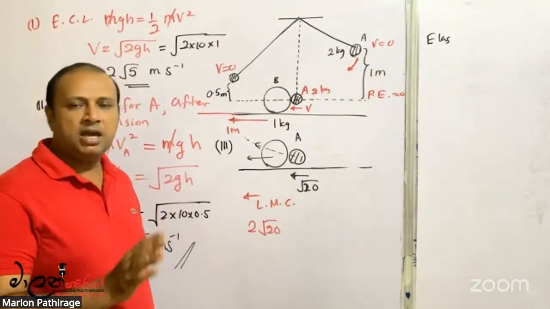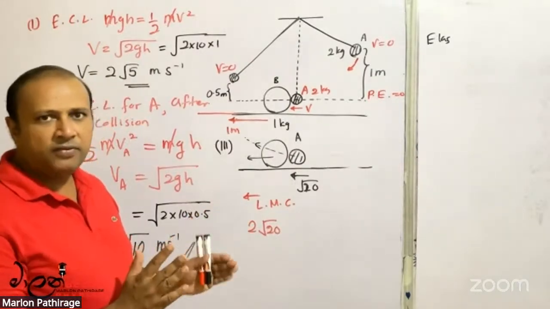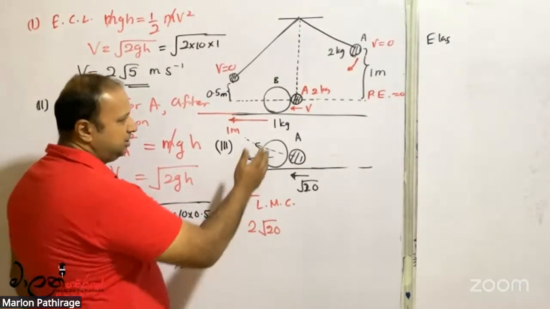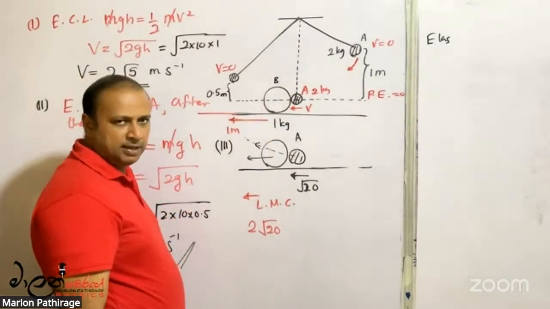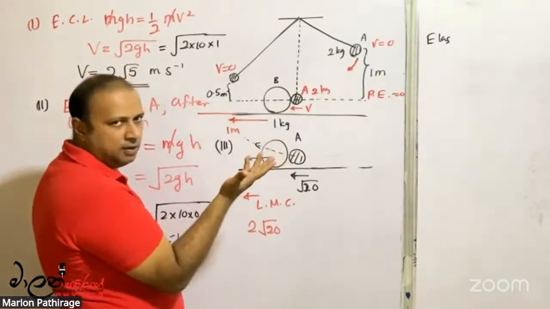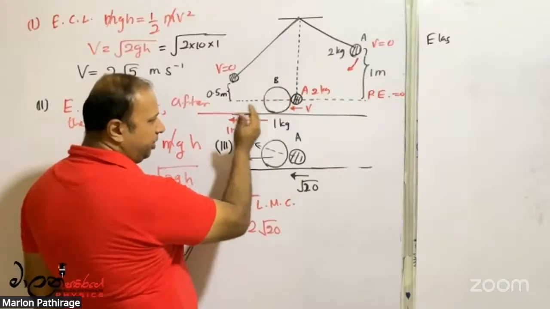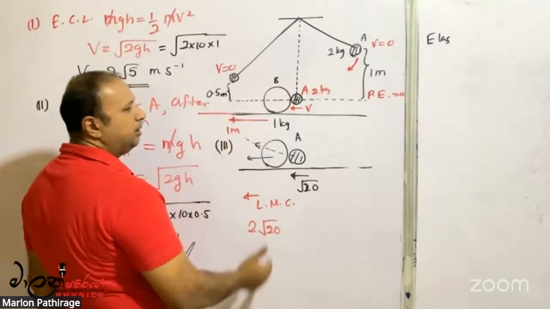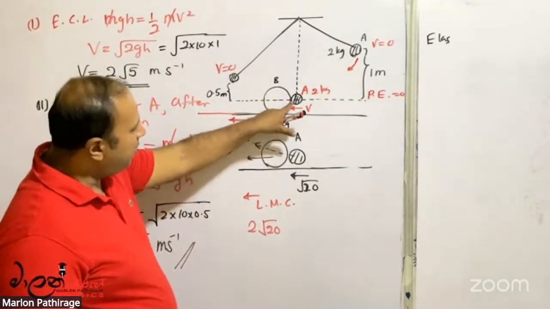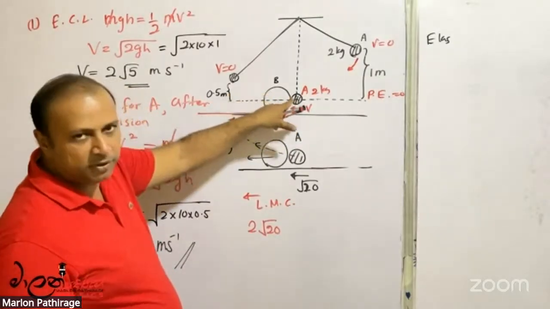So just after collision means, after the collision, definitely, this is the point of collision. So after the collision, what will happen? This is inelastic collision. Definitely, this one will move in a linear path, while this one moves in this kind of path.